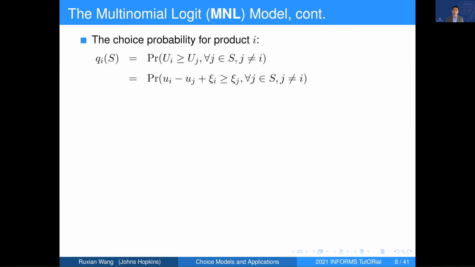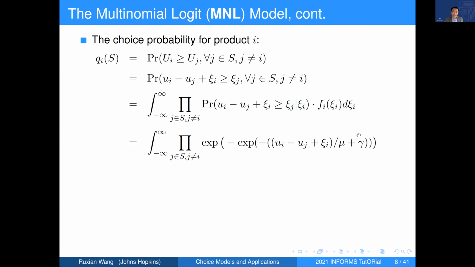You may want to incorporate some new features into some existing choice model, like the MNL choice model. Here, I want to show you how to derive the MNL model in closed form, and you may be able to derive a new choice model also in closed form or near closed form. That is very important.